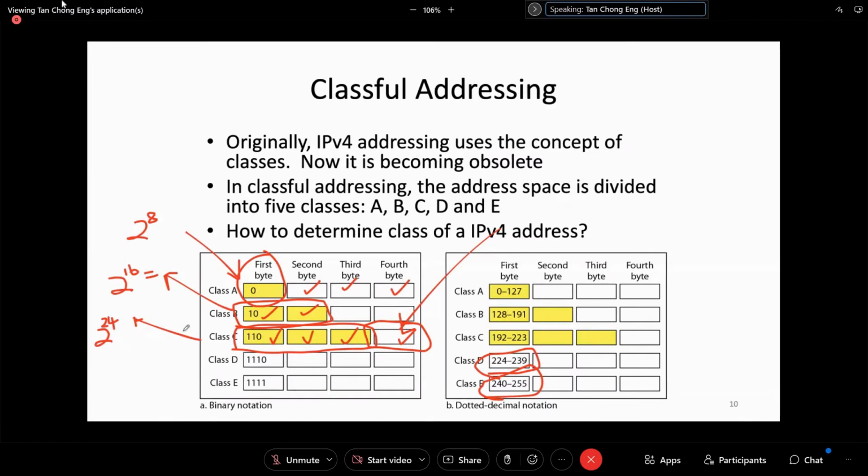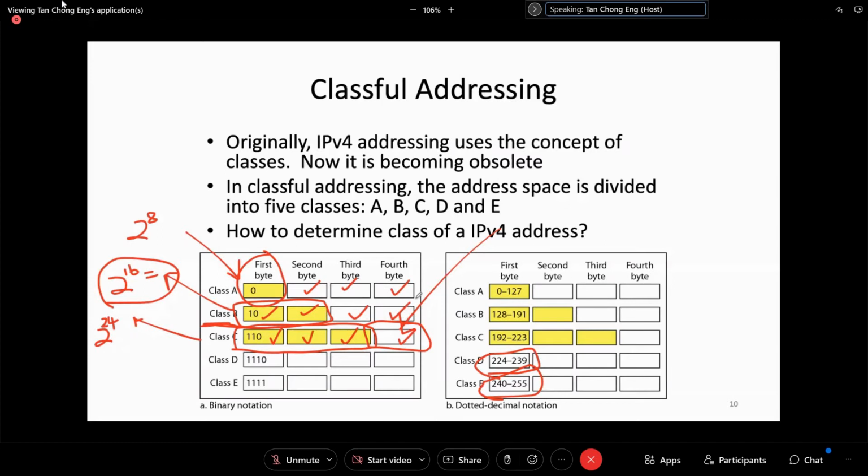So Unimas should apply for a class B address, at least a class B, because class B has 2 power of 16 hosts, which is 64,000 nodes that you can have.